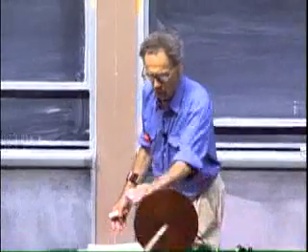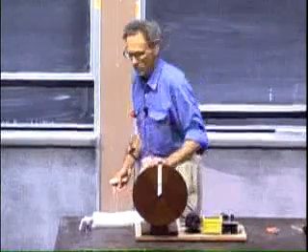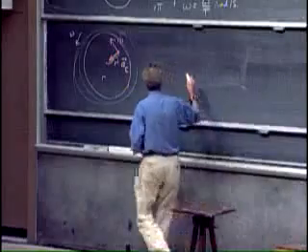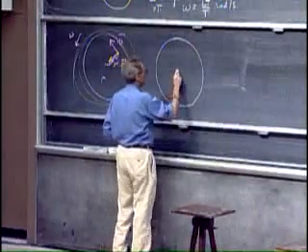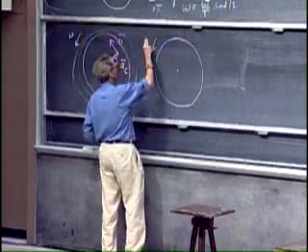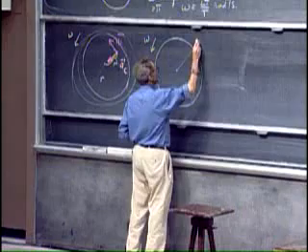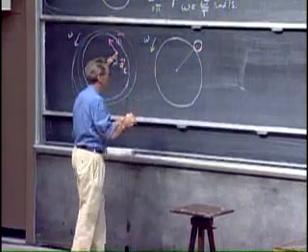I have here a disk, which we will rotate, and at the edge of the disk here, we have a little ball. And the ball is attached to that disk with a string. So now this is vertical, and so this is going to go around with angular velocity omega, and we have a string here, and the string is attached to this ball, and the whole thing is going around.